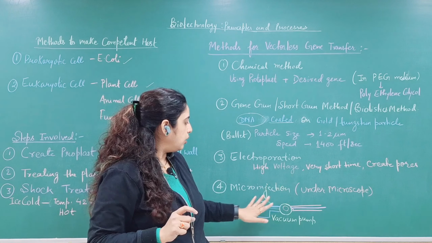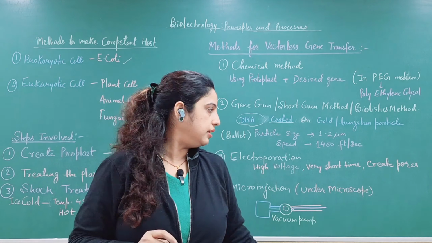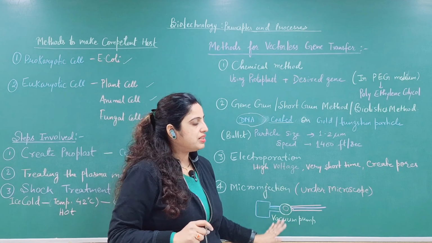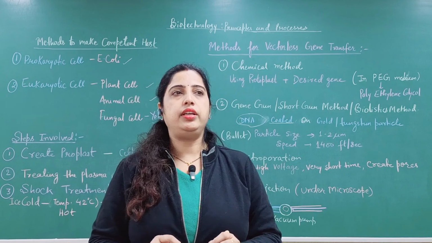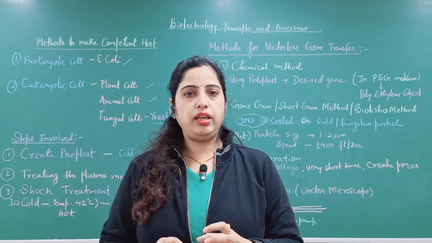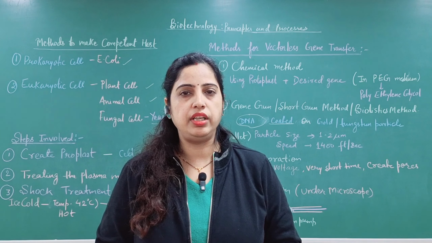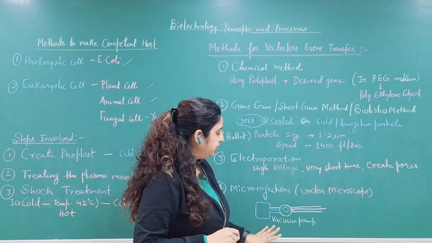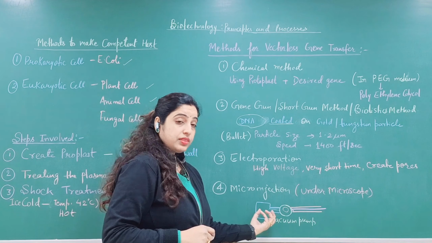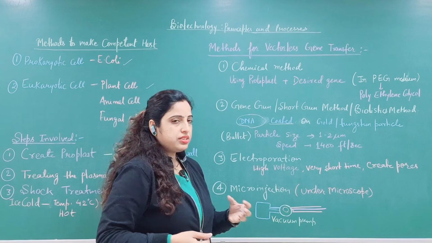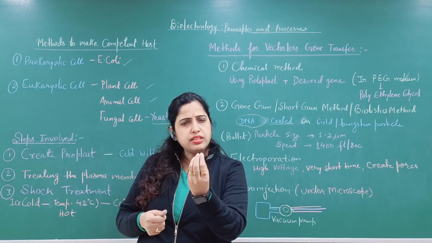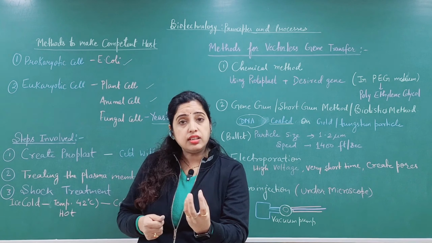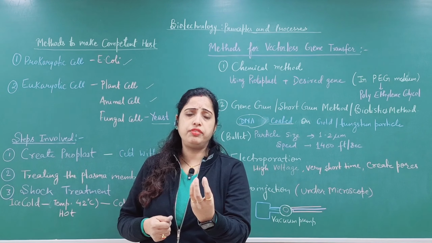Now, last but not the least is microinjection. I must tell you, it's a very important way, but it needs expertise. Do not try at home. So basically here you need a device, because if you are dealing with a very small size cell under the microscope, it would be really difficult.